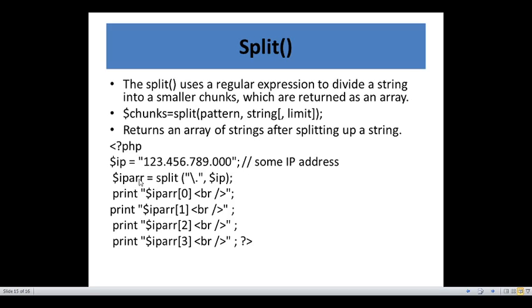Then for $ip address, here we are using split with backslash dot, based on the dot. We are using this escape character, backslash and dot, so it separates on the basis of the dot. Here is your pattern and here is your string. So the output will be in the form of an array, and we will get these different values using this split function.